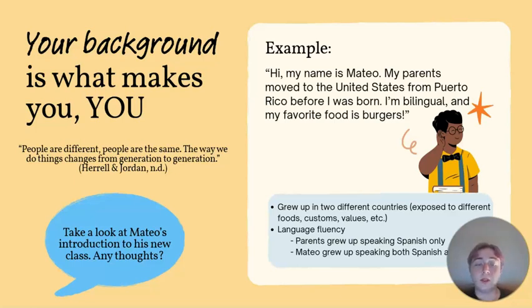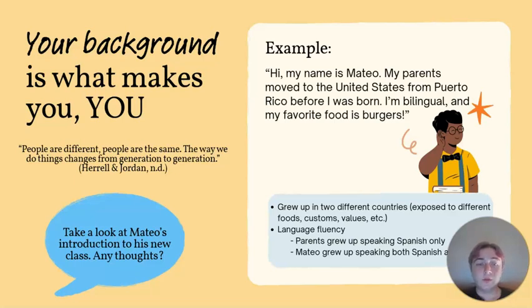So both he and his family have totally different backgrounds when it comes to where they grew up. And so that means that they were exposed to different foods, different customs, different values, etc. It's a bigger difference than people may think. Puerto Rico isn't very far from the US, but it can still be a very different experience.